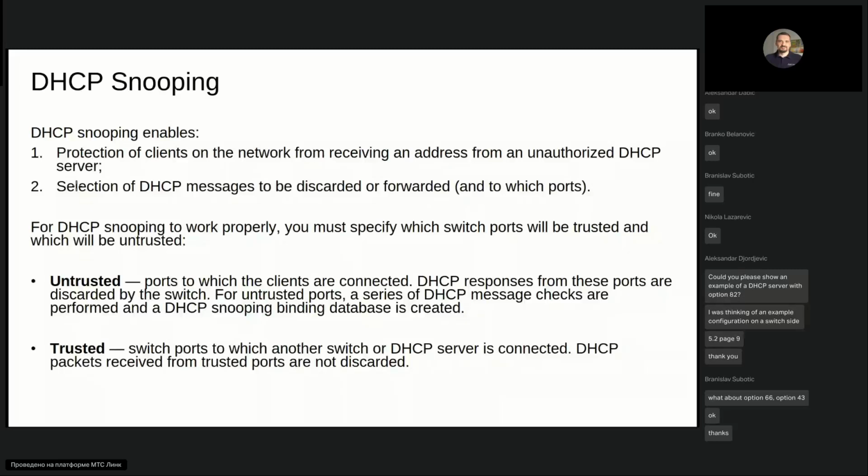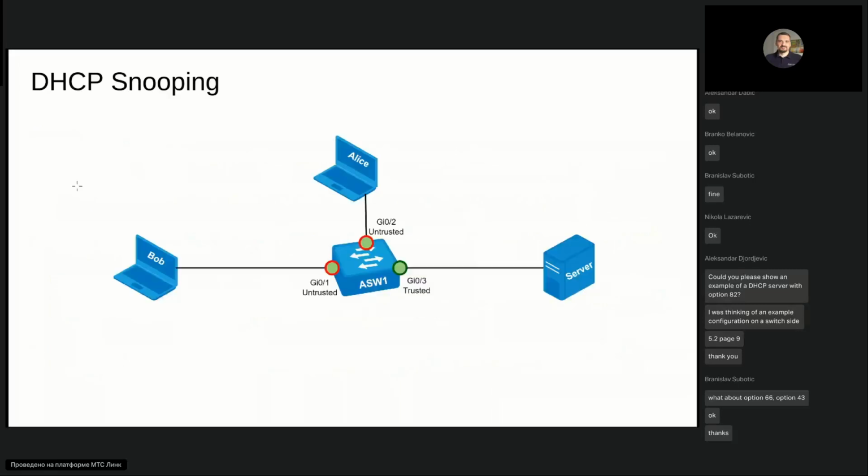The trusted ones allow all the DHCP messages to move either on ingress or on egress. The untrusted ports only allow the client messages on the ingress, and the server messages on the egress. We'll look at how it works.